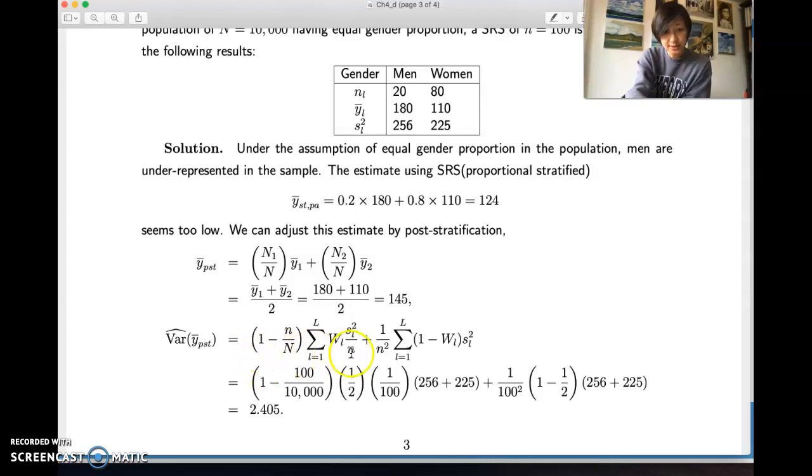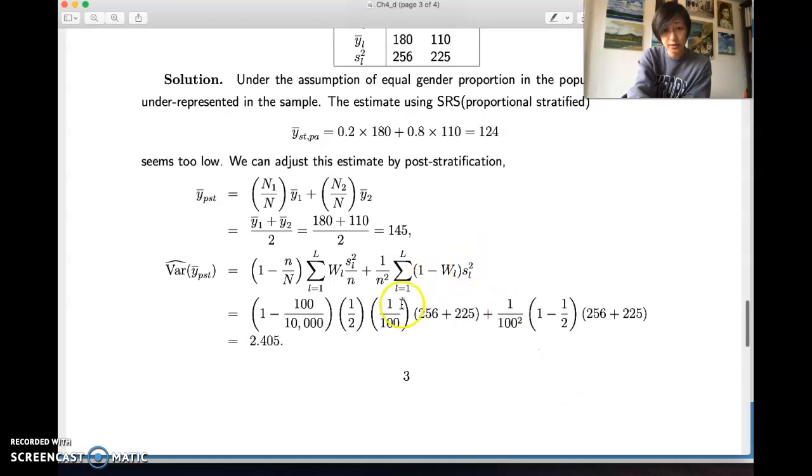So we calculate the estimated variance based on our equations, and we find that we cannot omit the second part. Although the sample size 100 is relatively large, this part we cannot omit. We need to include it in the estimated variance. That would be the increase of the amount of the variance using this post-stratification method. Okay, so the estimated variance is about 2.405.